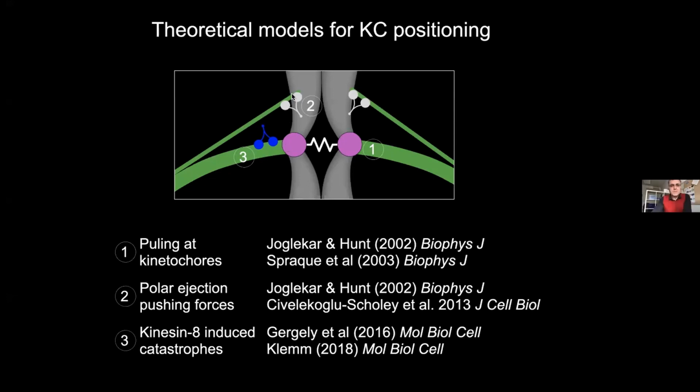Then there are microtubules that are not bound to the kinetochore, but they are pointing to the chromosomes, and because they are linked to the chromosomes, there is a pushing force generated by motor proteins here at the chromosome arm, and this is the so-called polar ejection force. Here I would like to emphasize that this force is so far considered as the main centering force in mammalian spindles.